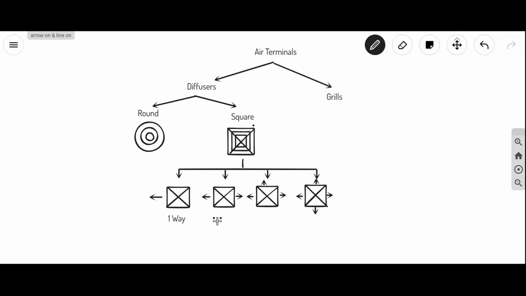One way. Four-way. So most commonly in one-way, two-way, three-way, and four-way, we use two-way and four-way.